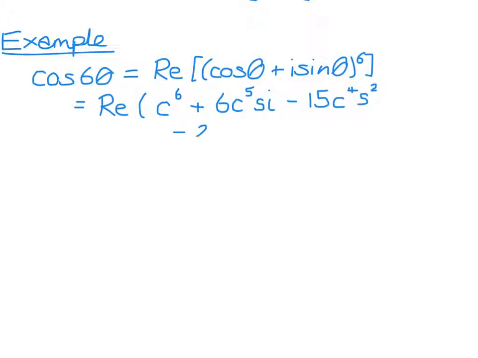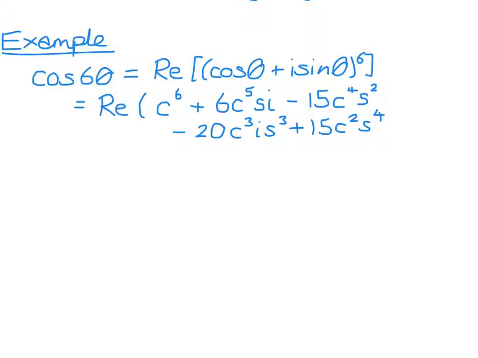minus 20 times cos theta cubed times i times sine theta cubed. Again, it's a minus because we have i squared equals minus 1, and then times the i because we've got i cubed here, plus 15 cos theta squared sine theta to the power of 4.